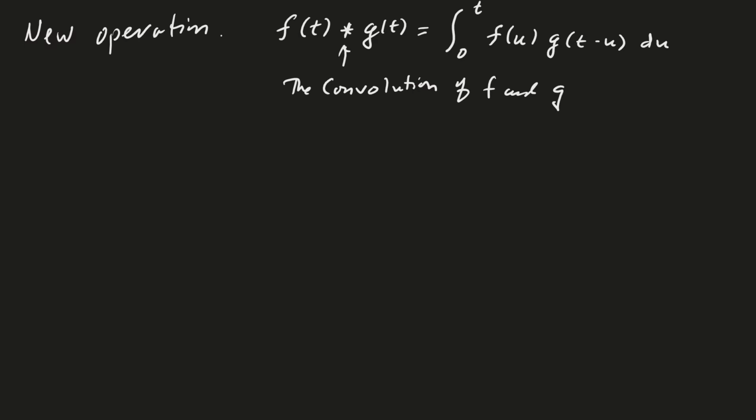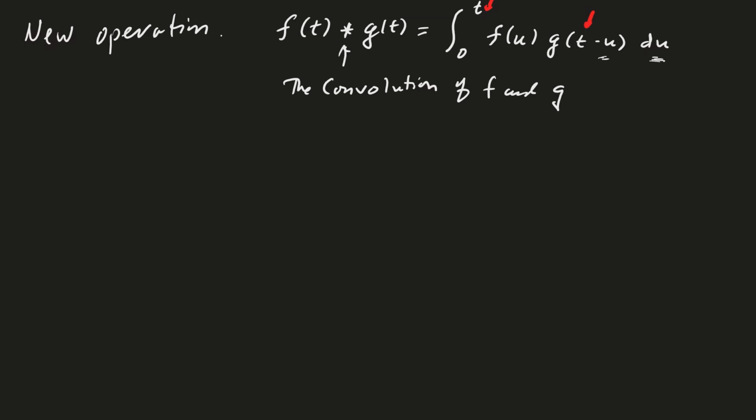And so a couple things to notice here, right, is that the variable of integration is u, and this t appears here and here, right? That's the same t. Okay, and so when the u is integrated out, you're going to end up with a function of t.